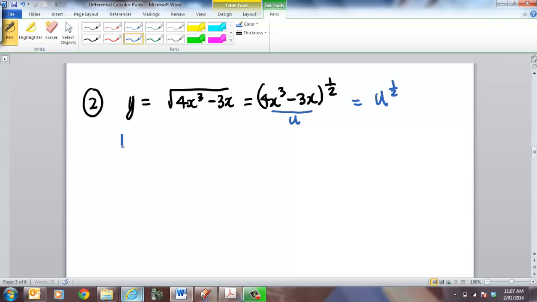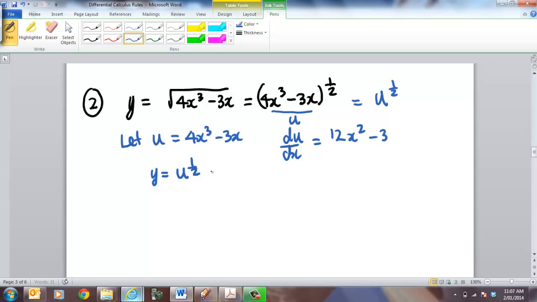So let u be equal to 4x cubed take 3x. Then du/dx, differentiating with respect to x, is equal to 12x squared take 3.